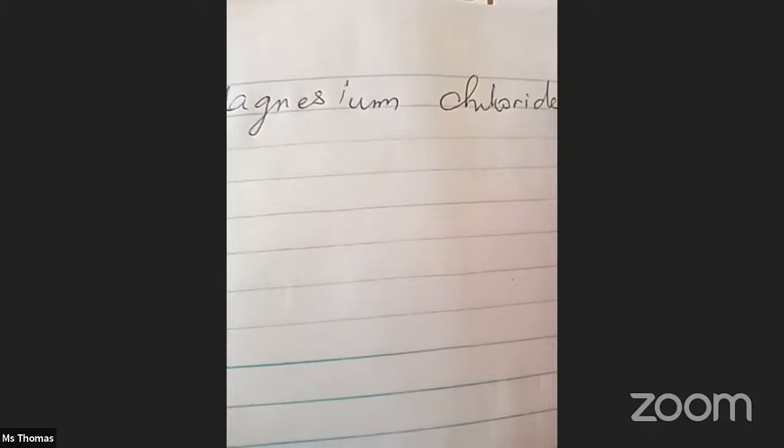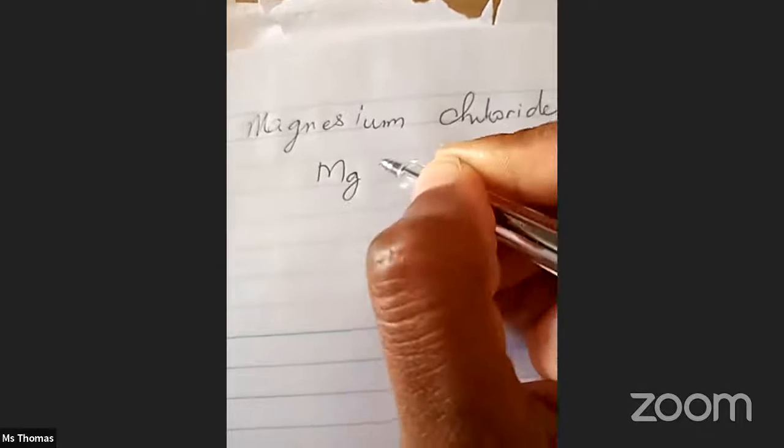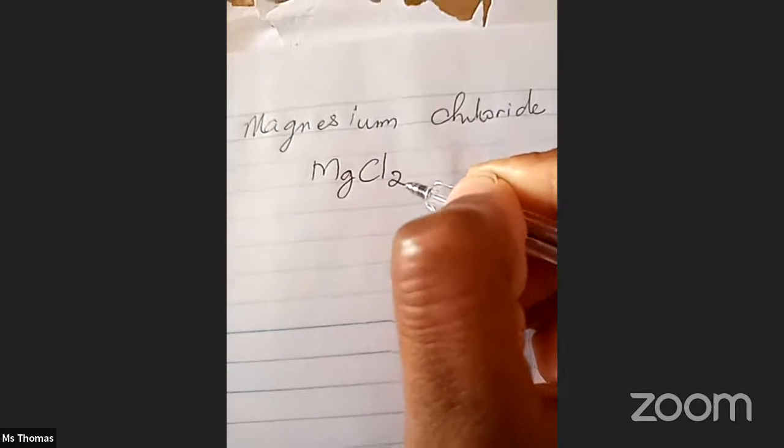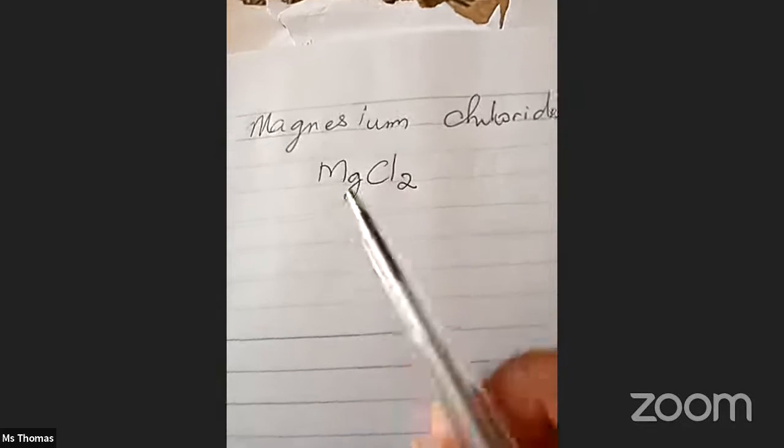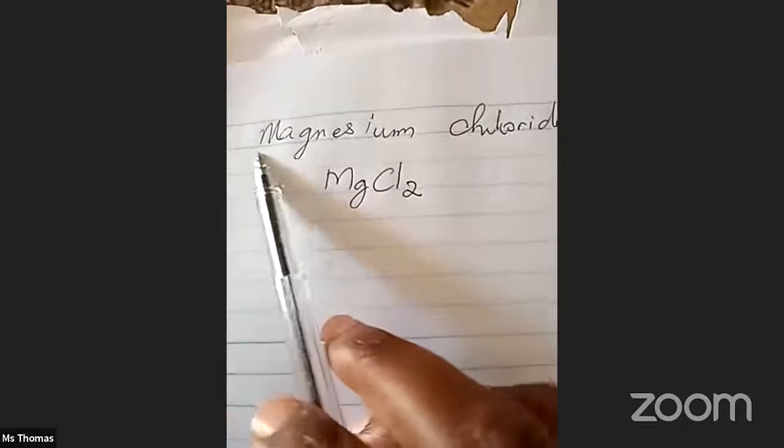You know that it looks like this, MgCl2. Now we're trying to figure out how we're going to prepare it. Now, there's no anhydrous in front of it.